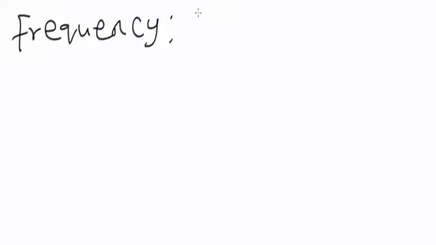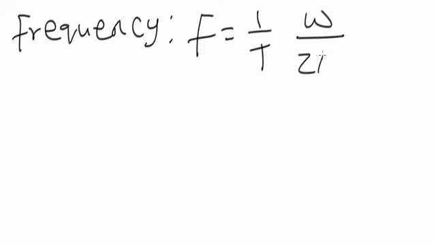In wave motion, just like in simple harmonic motion, frequency is the inverse of the period. This formula can be used to calculate frequency, or frequency can also be calculated using w over 2 pi, where w is the angular frequency. Frequency is measured in hertz.